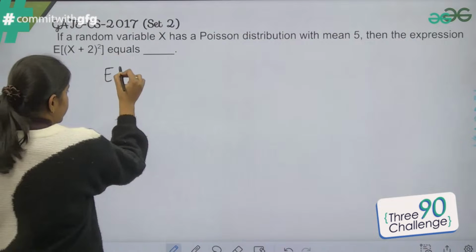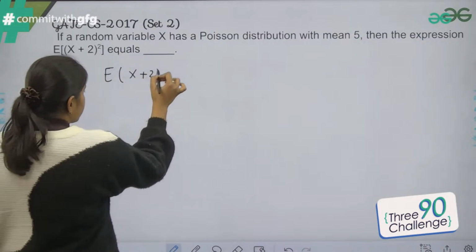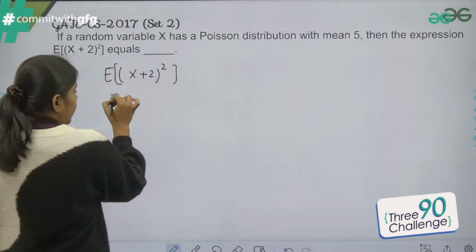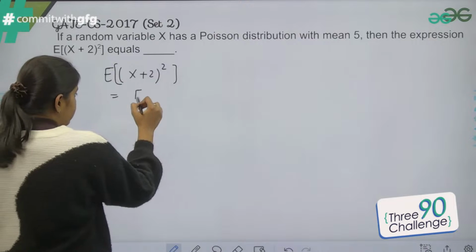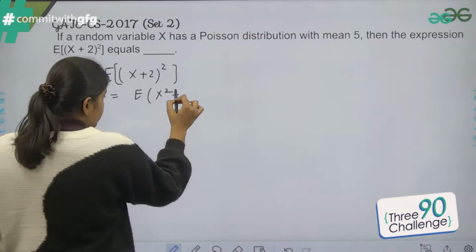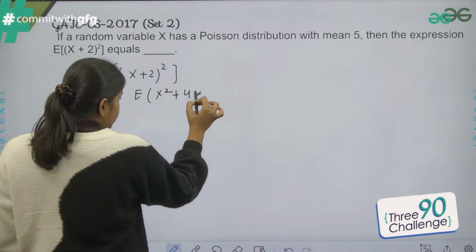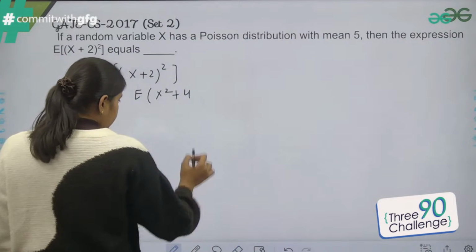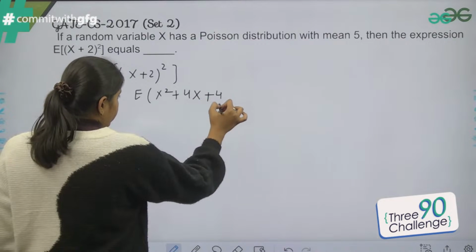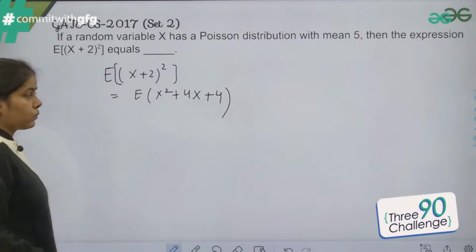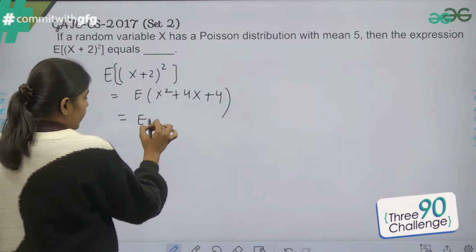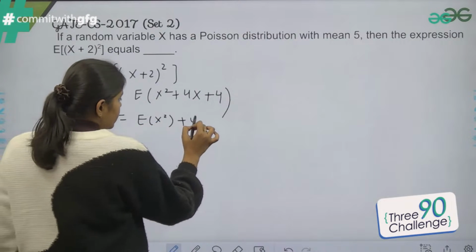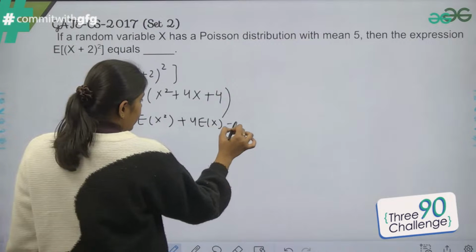Let me show you. If I expand this square term, what would I get? x square plus 4x plus 4. So it would become expectation of x square plus 4 into expectation of x plus 4.